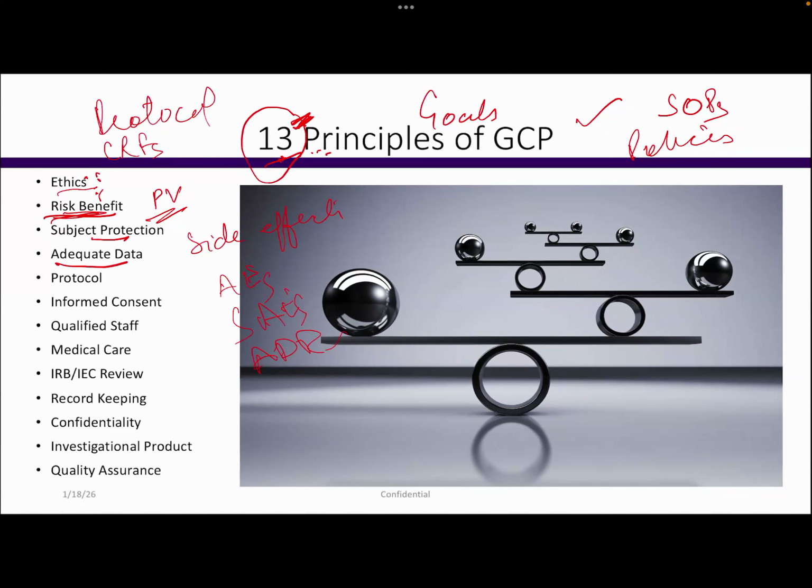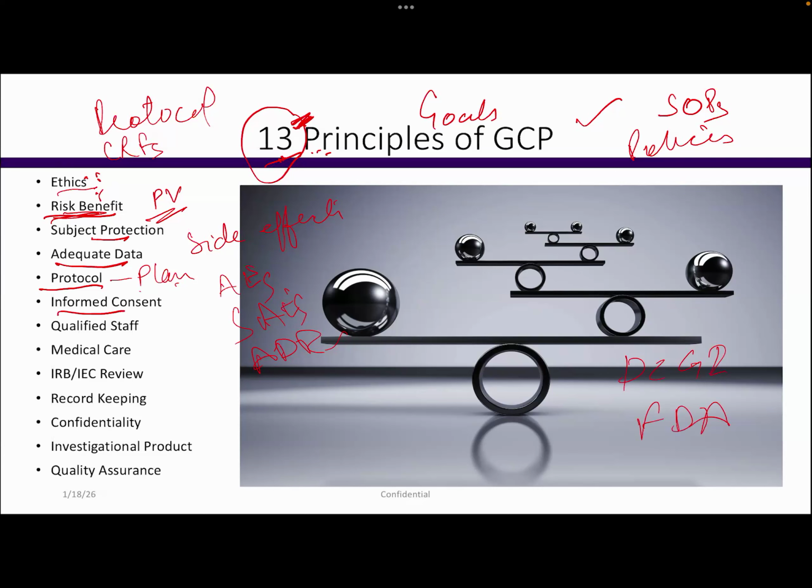Adequate data. Before you start your research, you must have sufficient lab data. You must have data from animal studies to give you a right decision that you can start your trial. Scientifically sound protocol. Protocol is nothing but the plan of your study. Is your plan scientifically sound or not? And even when you go and present it to DCGI or FDA, they also evaluate similarly.